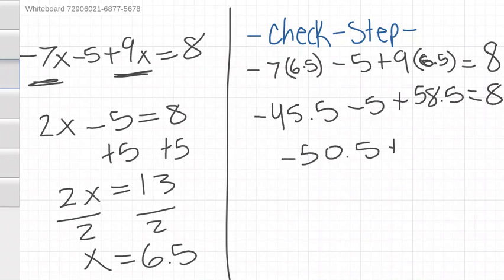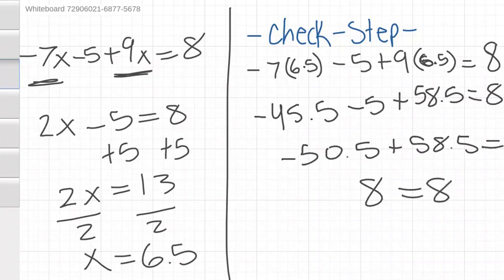And then we would just do negative 50.5 plus 58.5 is equal to 8. I know you can't see the 8, it's there though, trust me. And then we would be left with 8 equals 8. And since that is true, we know that our whole work and our whole answer, our 6.5 equals x, is true.